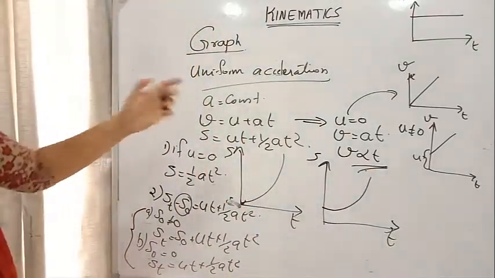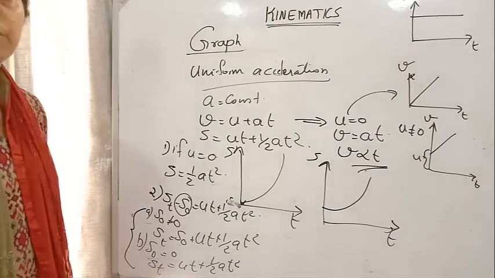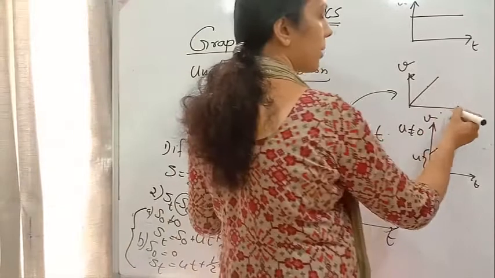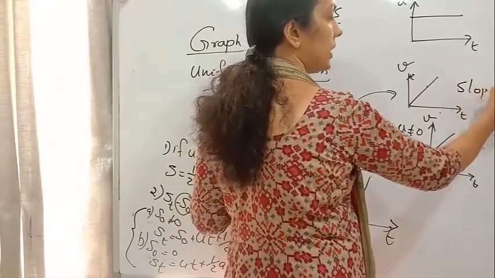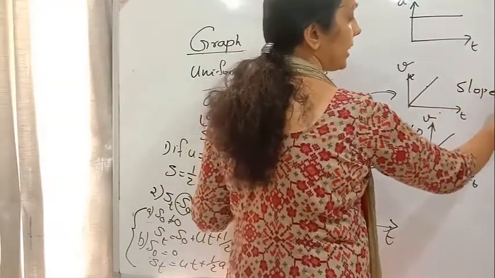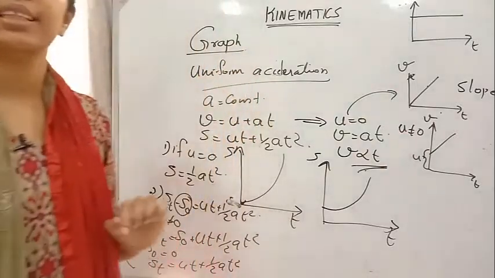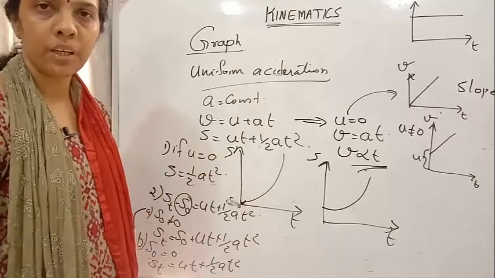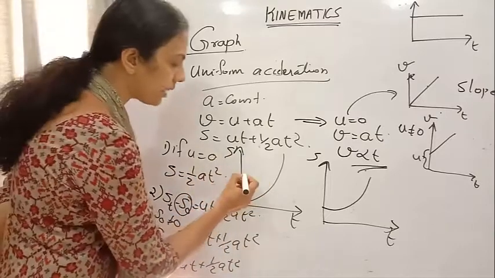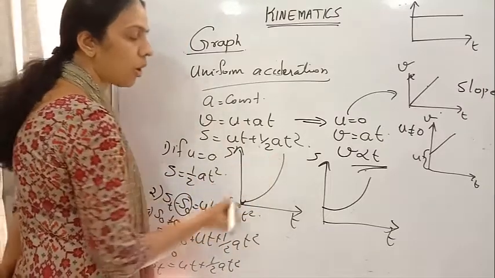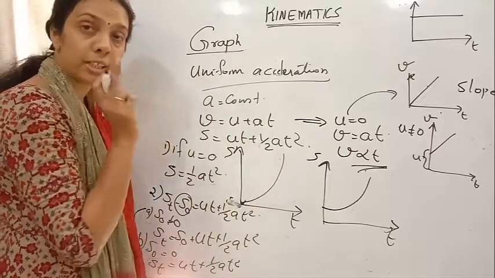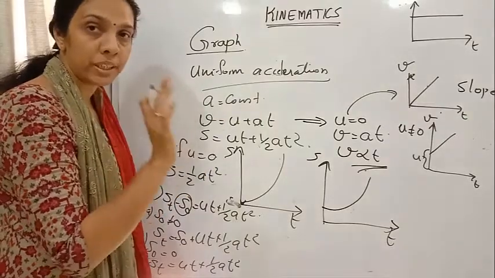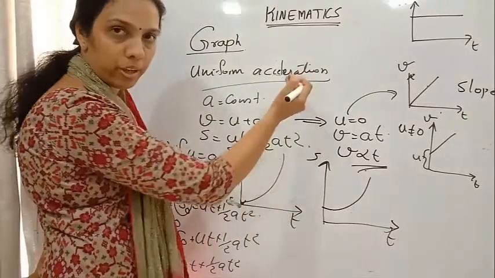Here, when we consider the slope of the graph, in the velocity time graph the slope gives you acceleration, dv by dt, that is acceleration. But when you find the slope of the displacement time graph, it won't be uniform, it will be different because it's a parabola, right?